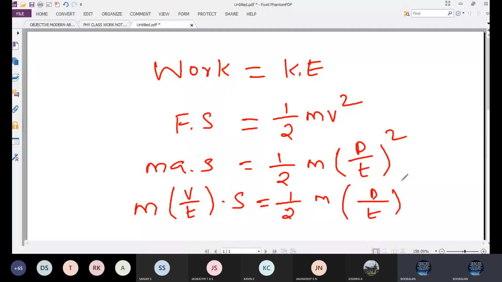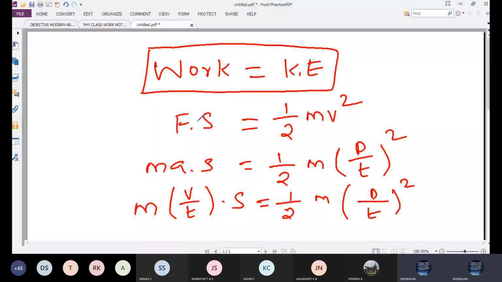See here, we already know that the work is equal to kinetic energy. The work, physical quantity, force into displacement. Force, the physical quantity, mass into acceleration. Acceleration, physical quantity, velocity divided by time. All of it is known as physical quantity.